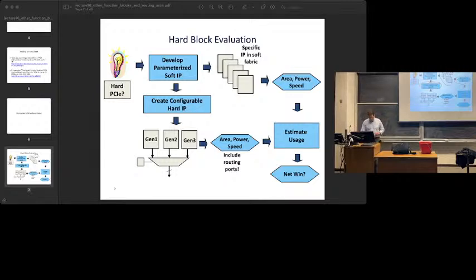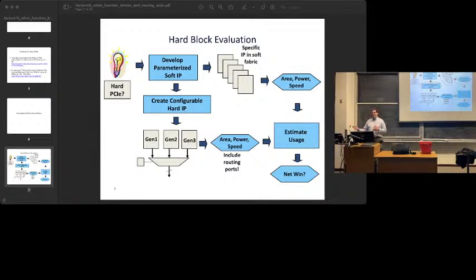So this would be the straightforward way to make your IP configurable, but sometimes you can be a little more clever. The key point is that you can't just take one instance of the soft IP, harden it, and say that's my gain, I just got my 20x or my 4x gain that we predicted, 20x for logic, 4x for stuff that has lots of RAM and so on in it.